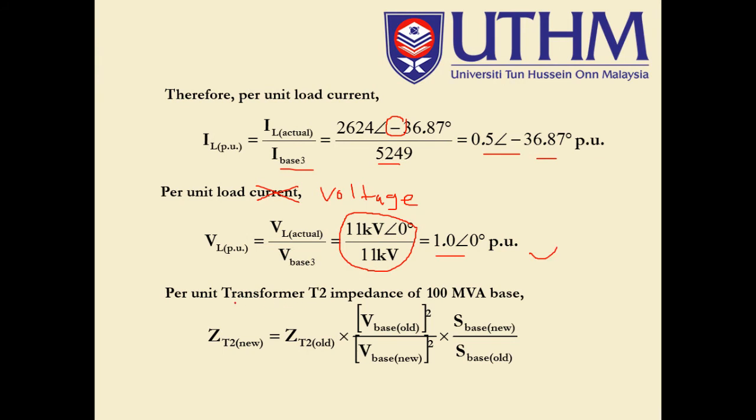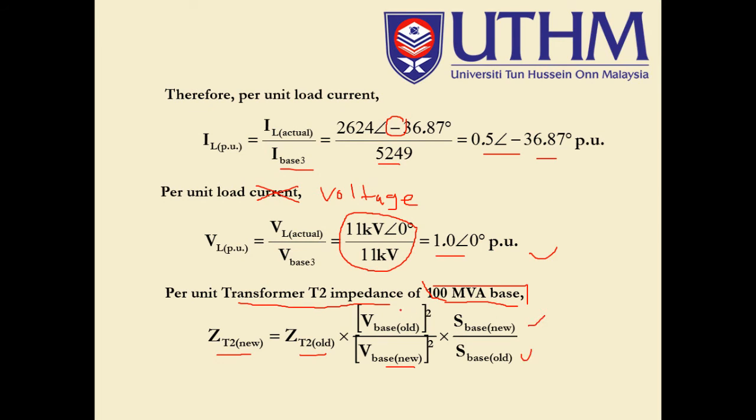Now the per unit transformer 2 impedance on 100 MVA base. Since we have picked 100 MVA as the new base, we have to calculate the new impedance of transformer 2: the old impedance of transformer 2 multiplied by V base old squared over V base new squared, multiplied by S base new over S base old.